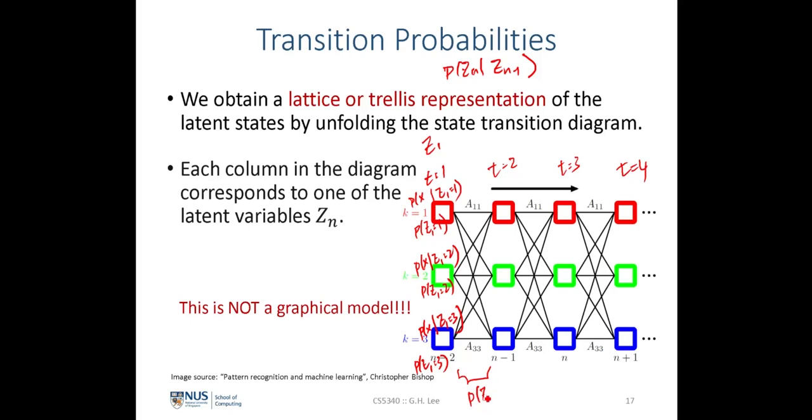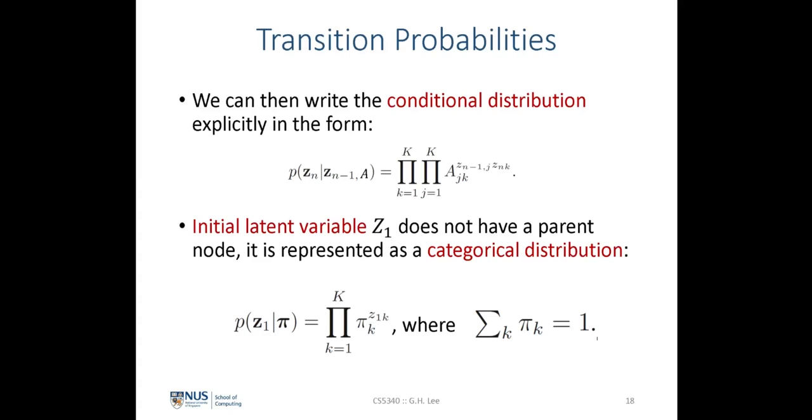This represents Zn conditioned upon Zn minus 1. We can then write the conditional probability distribution explicitly into this particular form over here, where we say that the probability of the latent random variable at this current time step, Zn, conditioned upon the latent random variable in the previous time step, denoted by Zn minus 1, and the state transition matrix A over here, is given by this probability distribution in this equation here.